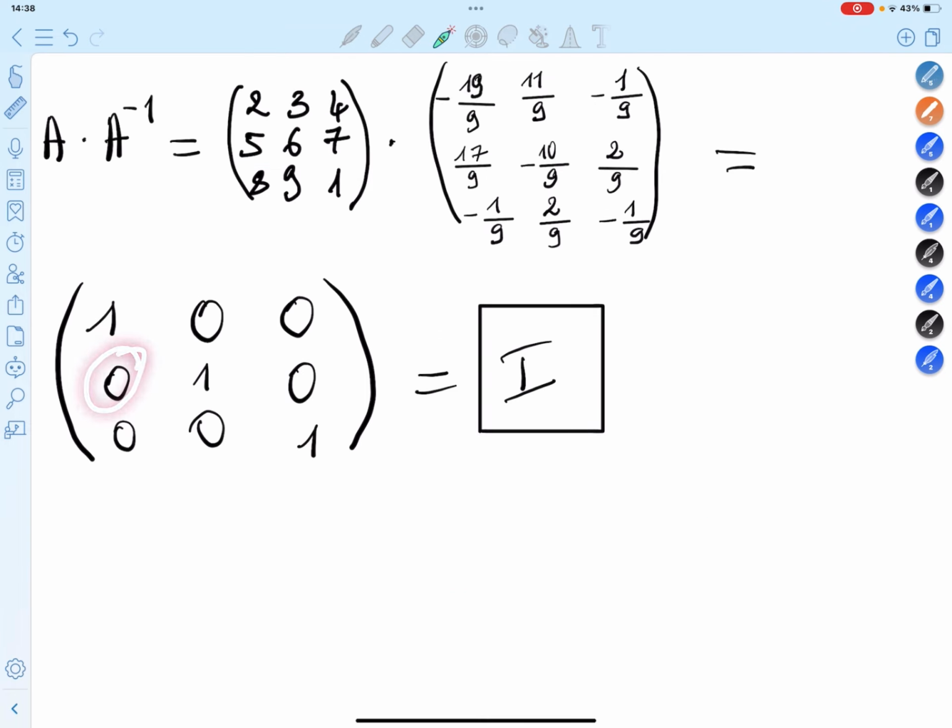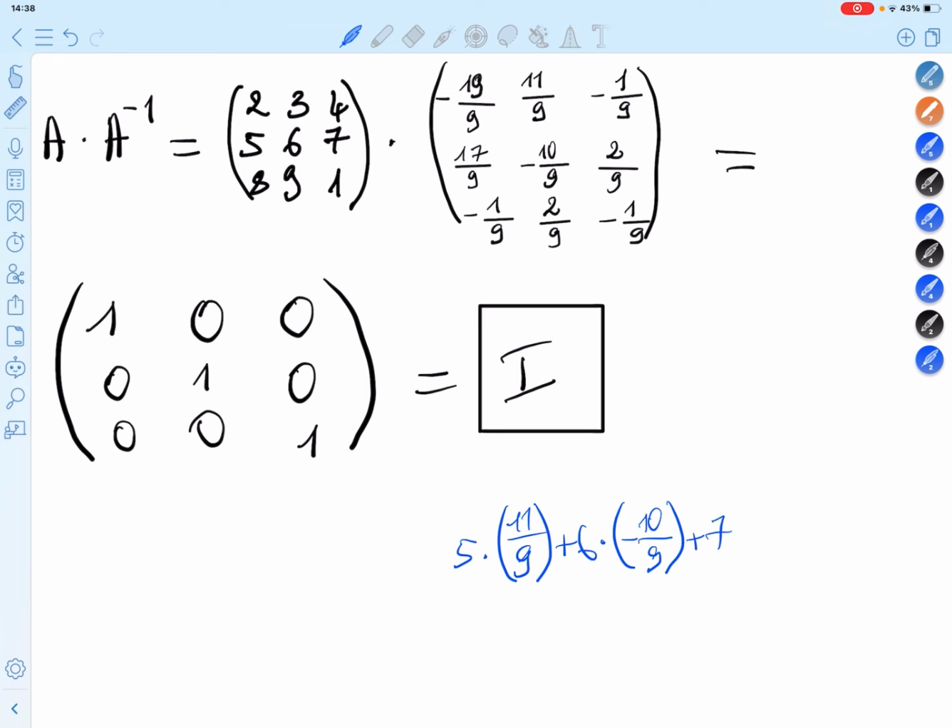Now this, we do this and this, which is 5 times 11 over 9, plus 6 times minus 10 over 9, then plus 7 times 2 over 9. That would give me 55 over 9. Then negative 60 over 9. Then plus 14 over 9.